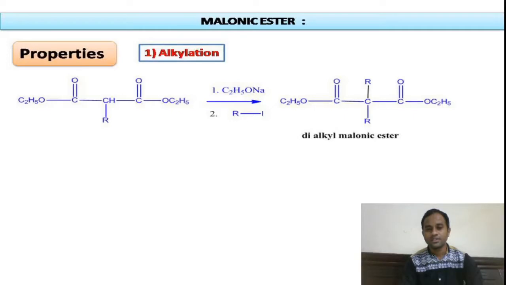Of course, the malonic ester will directly give the dialkyl malonic ester in a single step when we treat it with two equivalents of base as well as two equivalents of alkyl halide.